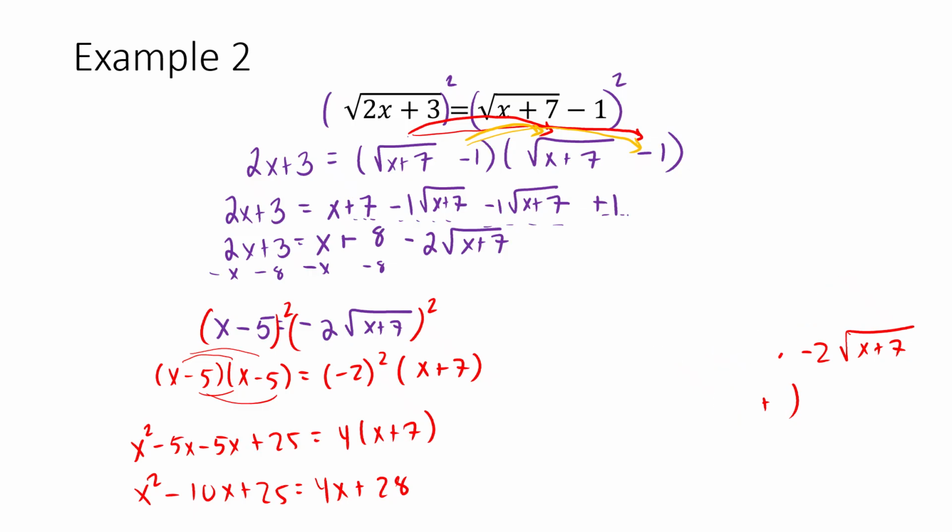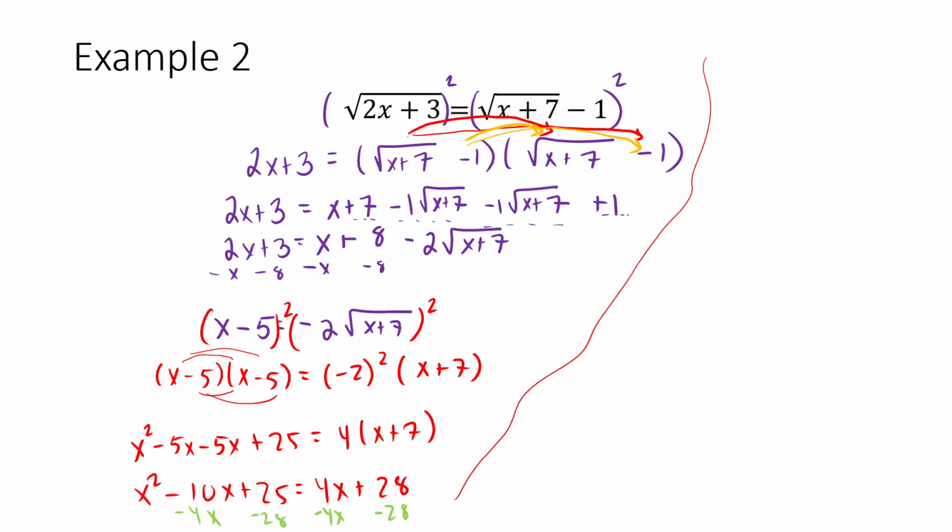And finally, we've got rid of all the square roots in this, and I have just a garden variety quadratic there. So I'm going to go ahead and subtract the 4x from both sides and also subtract the 28 so we can get a 0 on one side. That is going to leave me with x squared minus 14x minus 3 is equal to 0.